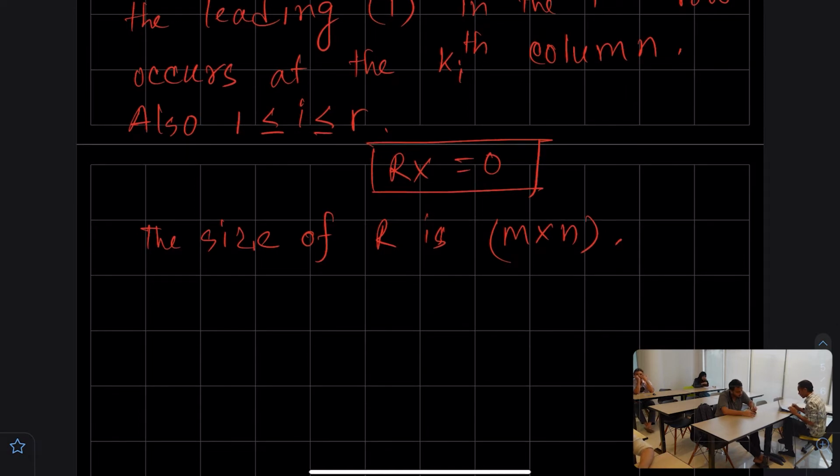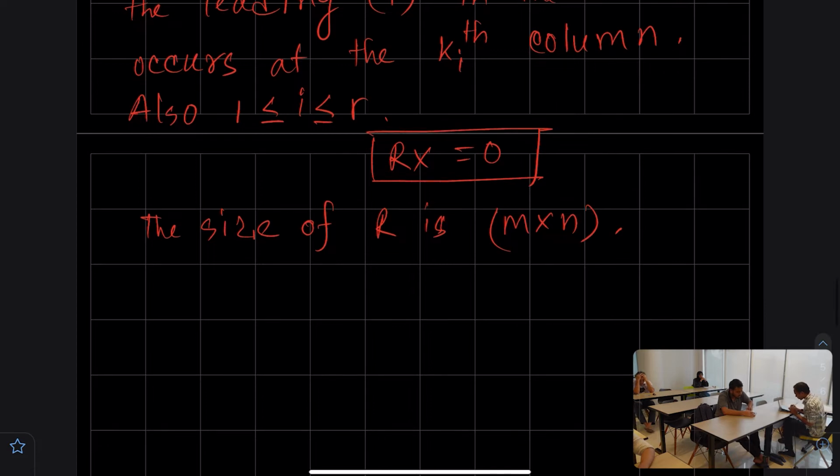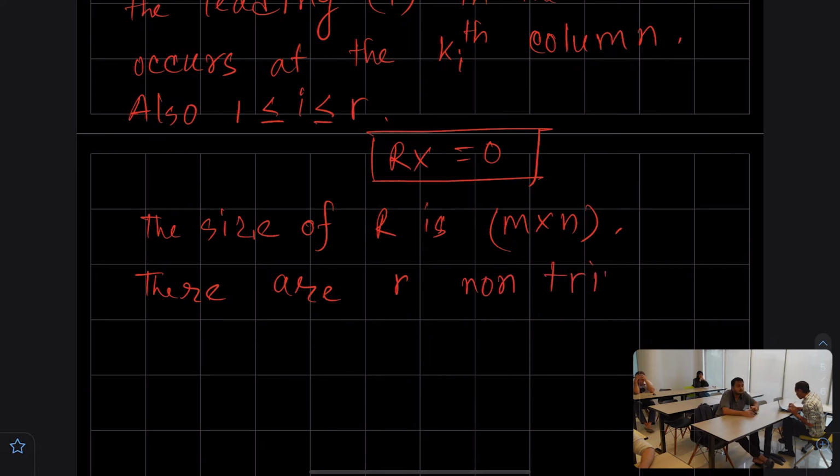So there are r non-trivial equations in this system.